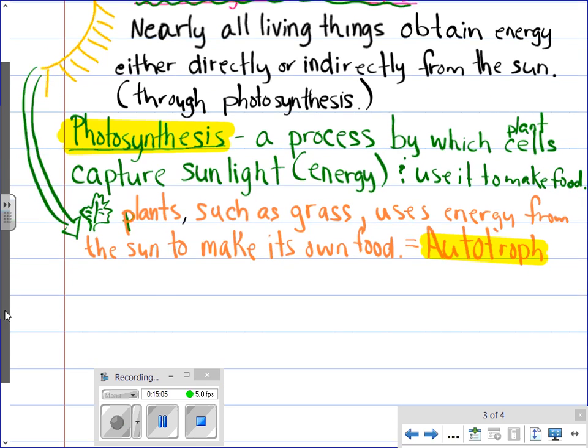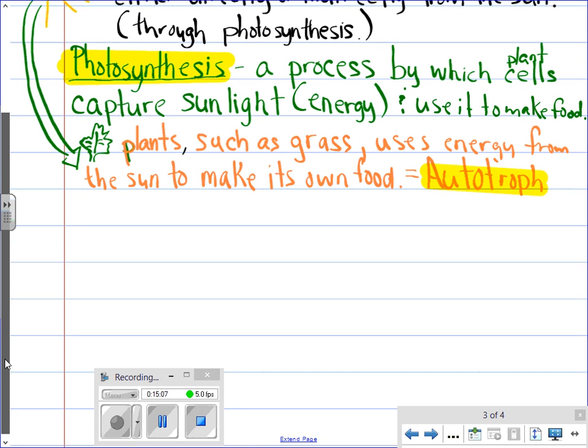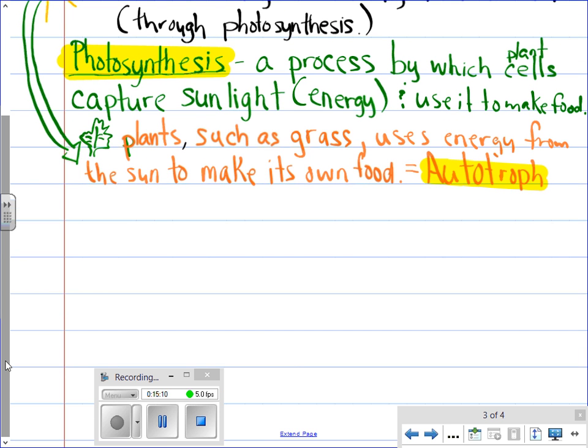All right, I'm going to scroll my page down just some so I can get some more room. Now, the plant captures energy from the sun. What happens with these plants? Once these plants grow, what happened though? How do we fit into this process? We eat them. So I'm going to use an animal though because it's easier to draw on here.